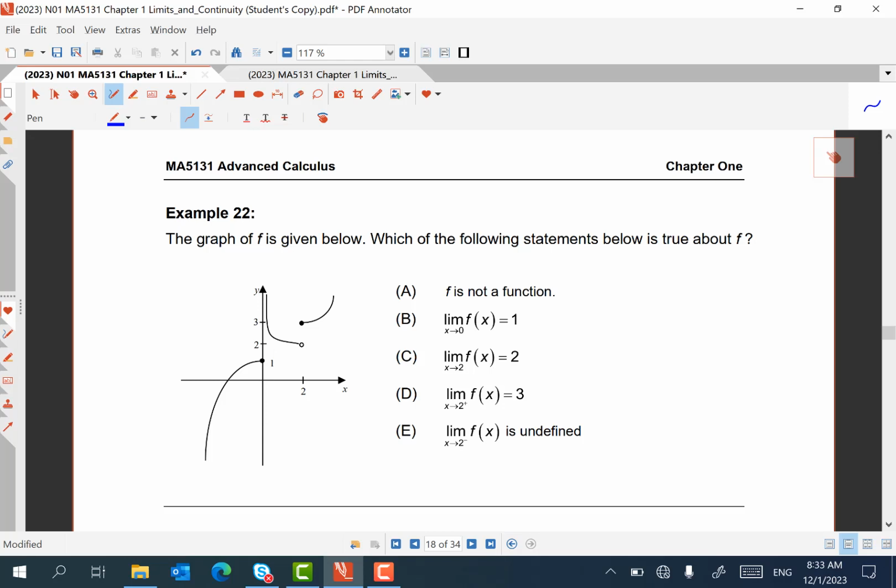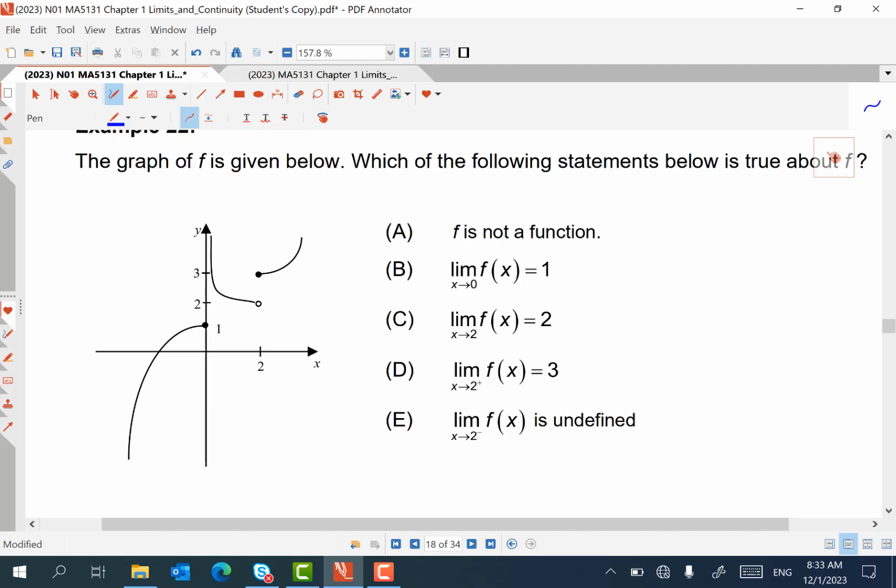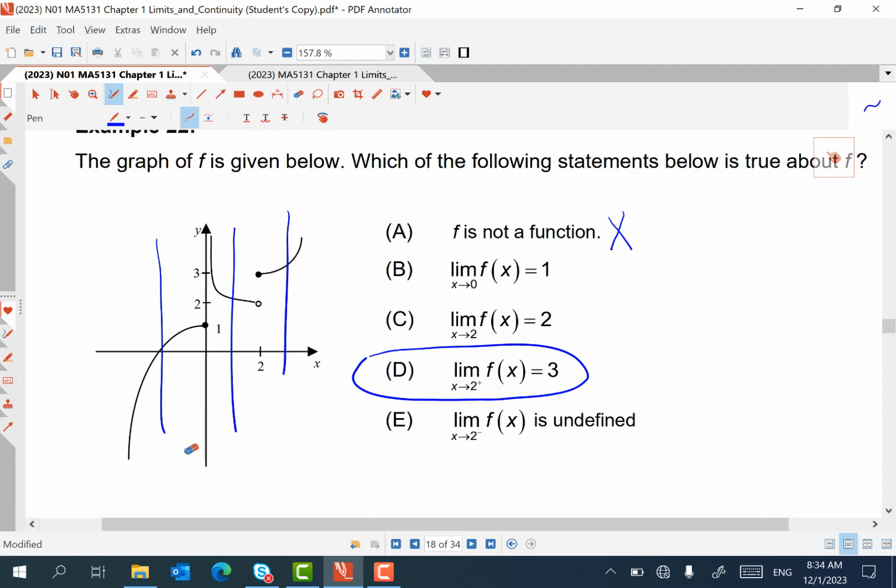If you are ready, on the count of 3, we'll say out the answer together very quickly. Are you ready? 1, 2, 3. I didn't hear anything. Okay, why is this false? Because f is a function, since every vertical line cuts the curve at most once.